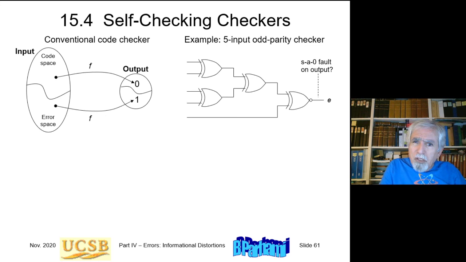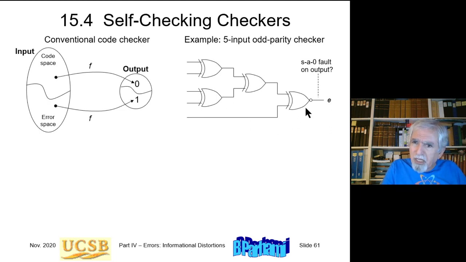If I have odd parity among these 5 inputs, the output of this XOR will be 1, and therefore the inverse of that will be 0, and this signals that everything is okay. So odd parity is represented by 0, and even parity is represented by 1. So this is a regular checker.